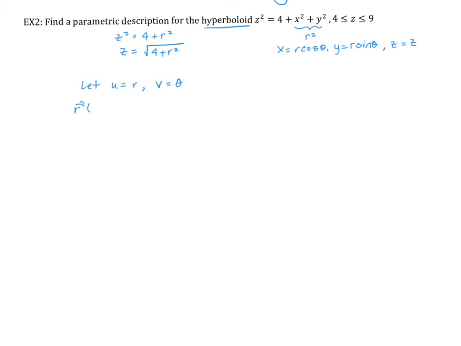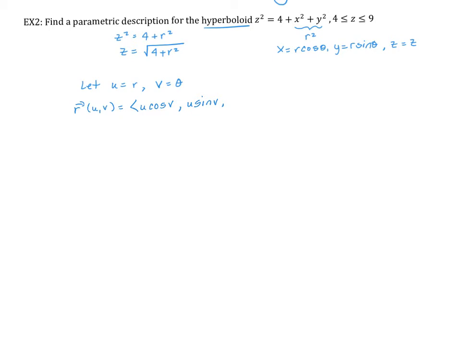So my r of uv would be, my x is r cosine theta. So that's going to be u cosine of v. My y is r sine theta, so that's u sine of v. My z value is just z.